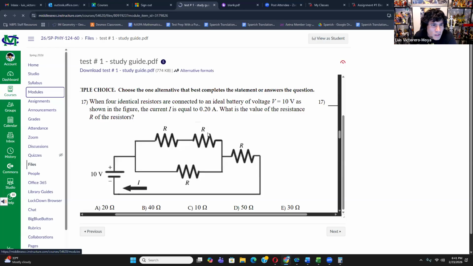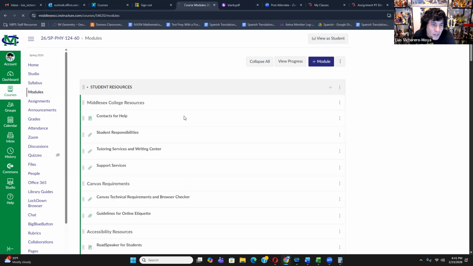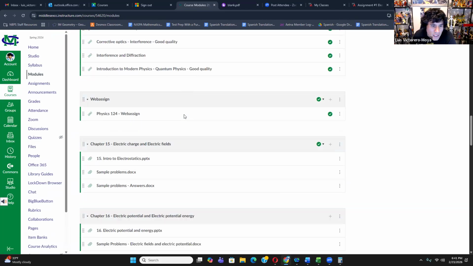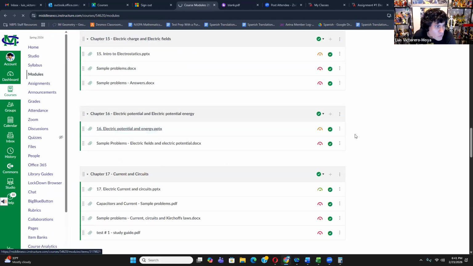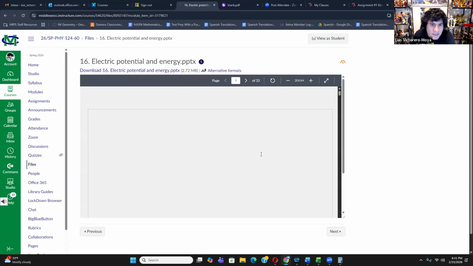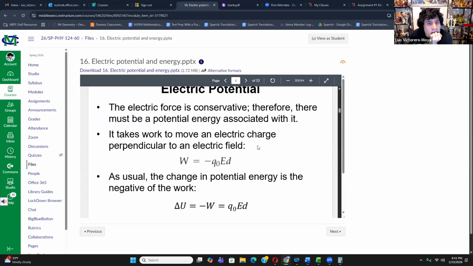This question, we did it in chapter 16. Assignment 2 should have questions about this. And those equations that we've been using, including capacitance, are here in these slides.